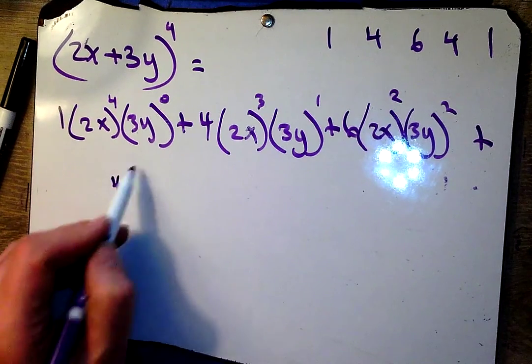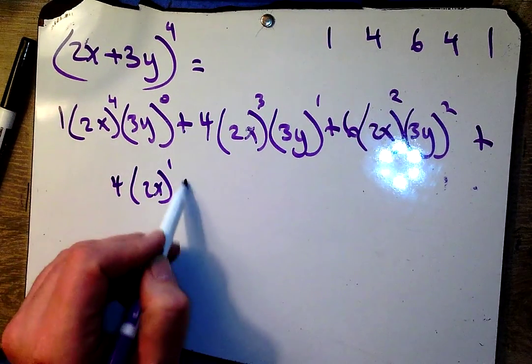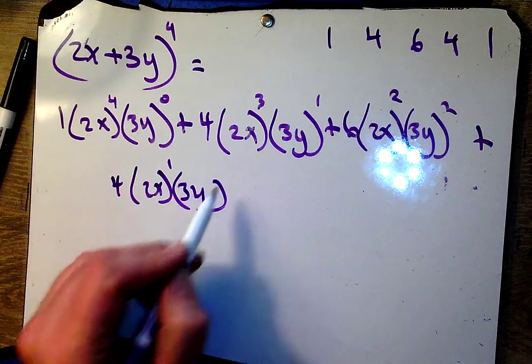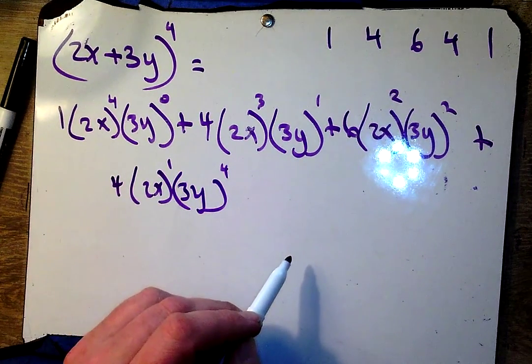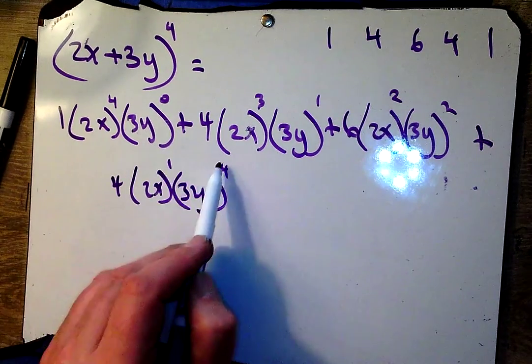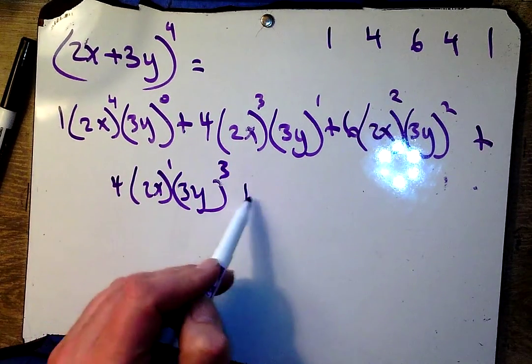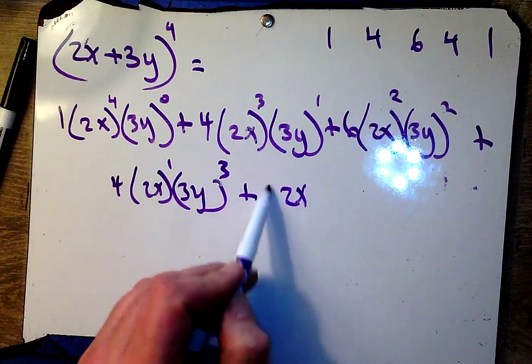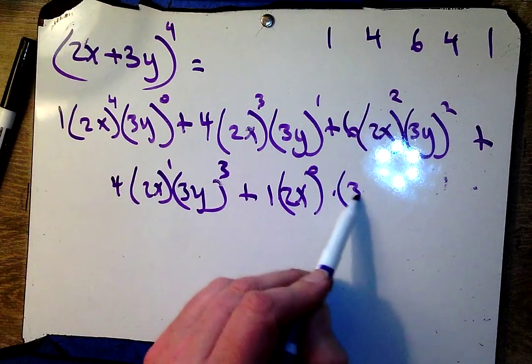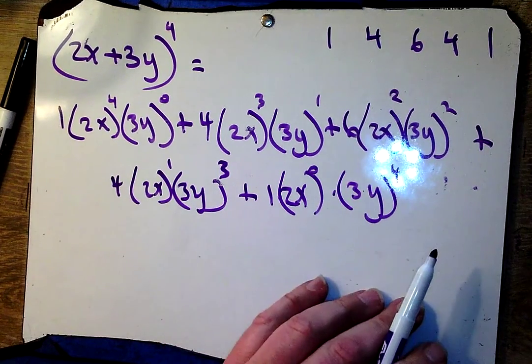And so then we're going to have 4, 2x to the first, 3y to the third. Was it to the fourth? These add up to 4, these add up to 4, these add up to 4. Oh, these should add up to 4. Plus 1 times 2x to the 0 times 3y to the fourth.